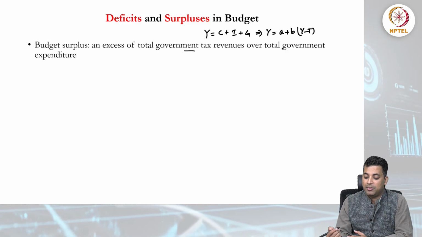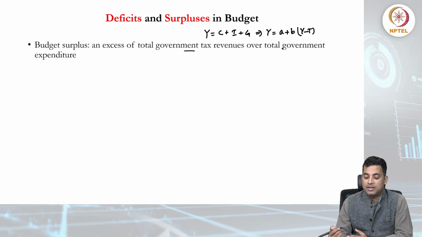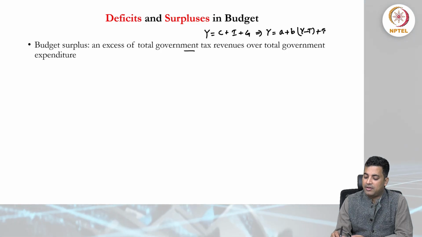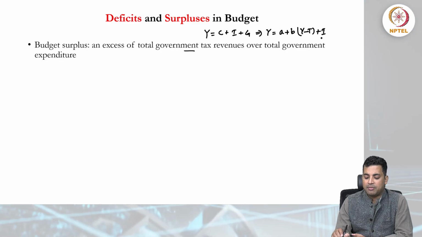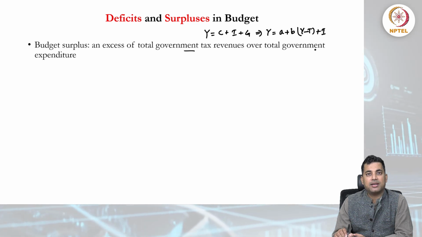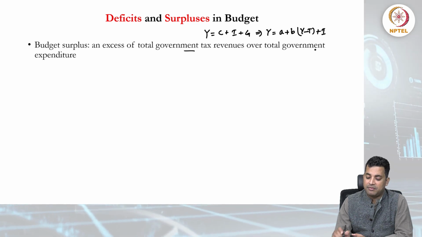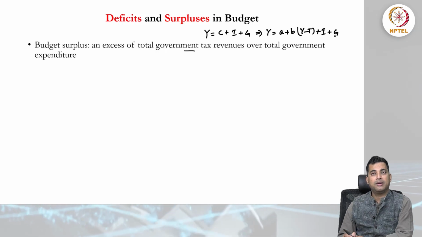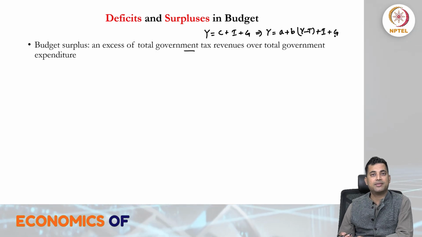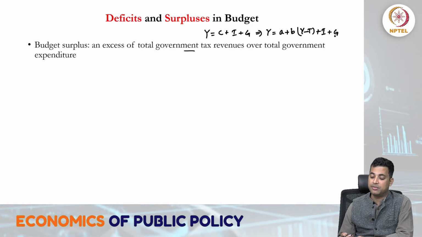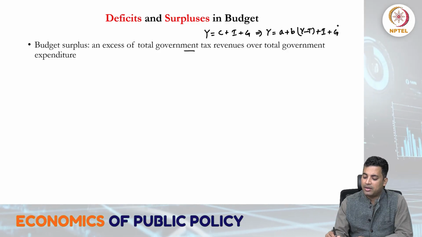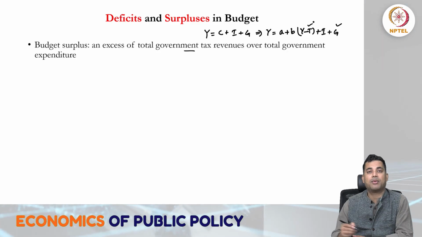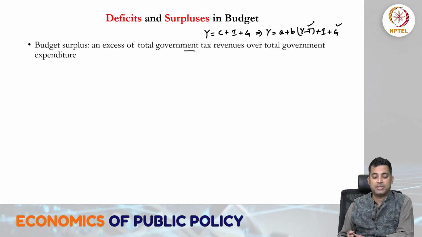How did we define it? If you recollect, we defined it as the marginal propensity to save. Here investment, in this particular case, we considered as fixed, which is planned investment, and then we have government expenditure. So there are two components that the government can intervene with in the economy: one is of course government expenditures G, and the other is tax, capital T.